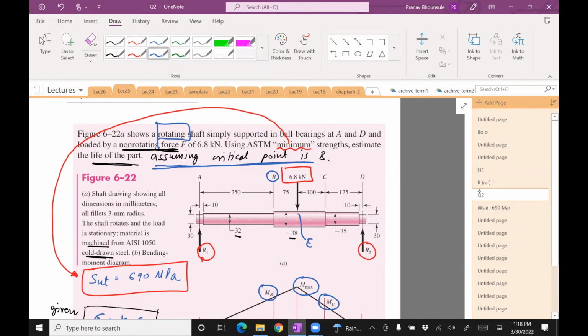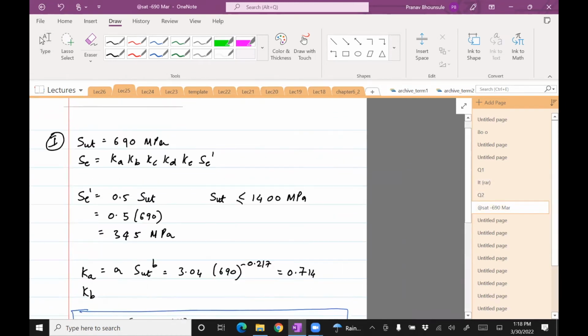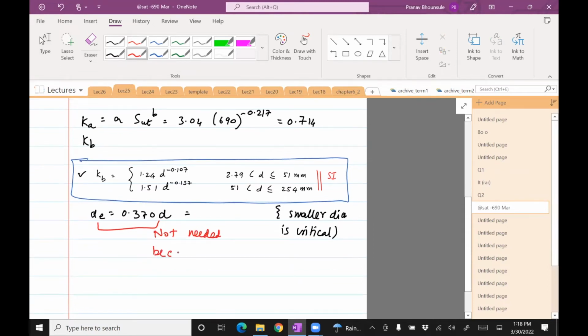So I don't need this. This is not needed. The shaft rotates.